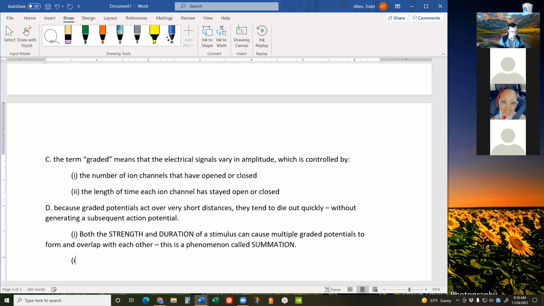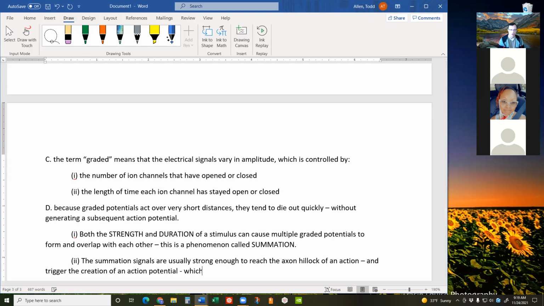And it is true that summation signals are usually strong enough to reach the axon hillock of an axon and trigger the creation of an action potential, which will ultimately make your central nervous system aware of the stimulus.